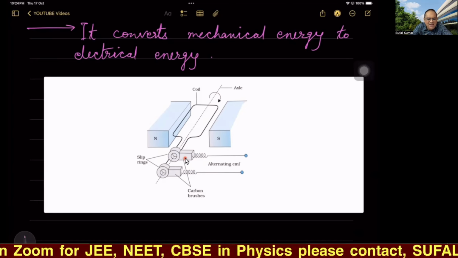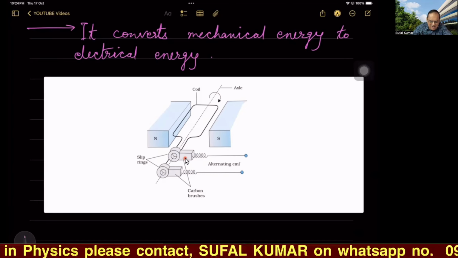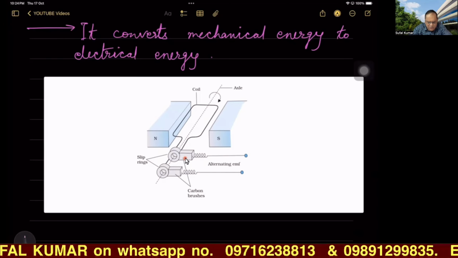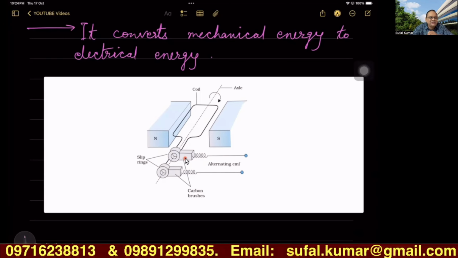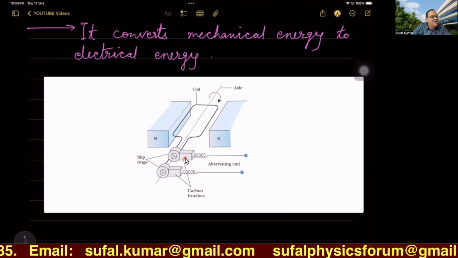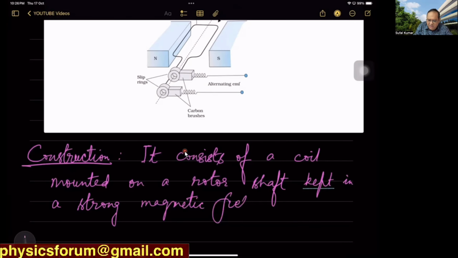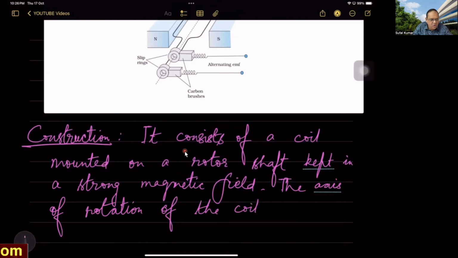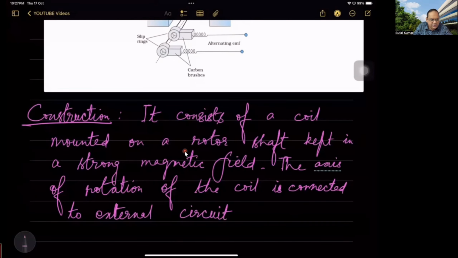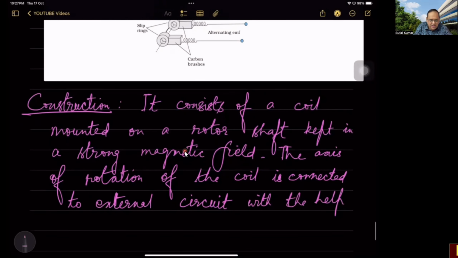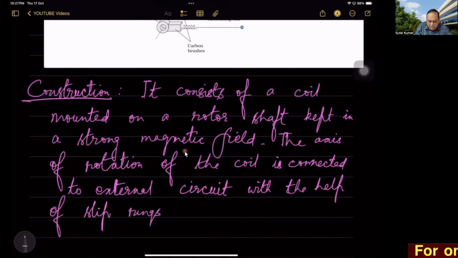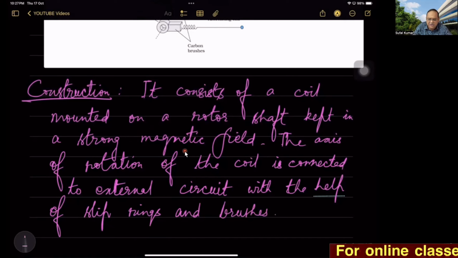Now, some mathematical analysis is left. Very few minutes of discussion is left. Firstly, a few lines of construction. Magnetic field. The axis of rotation of the coil is connected to the external circuit with the help of slip rings and brushes.